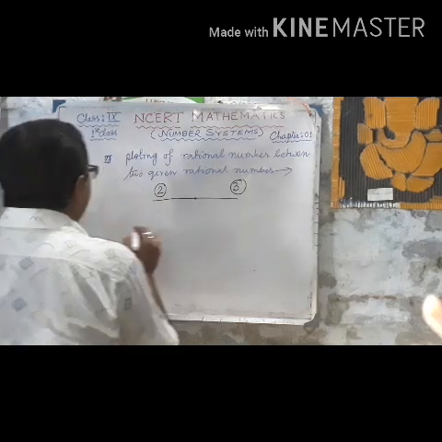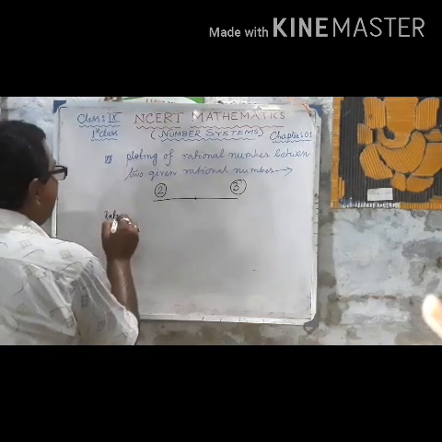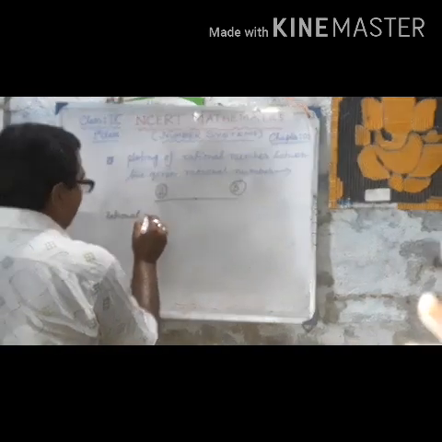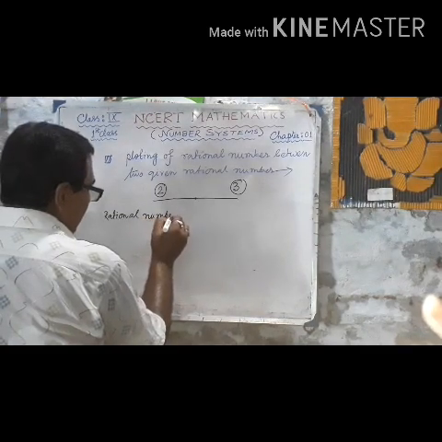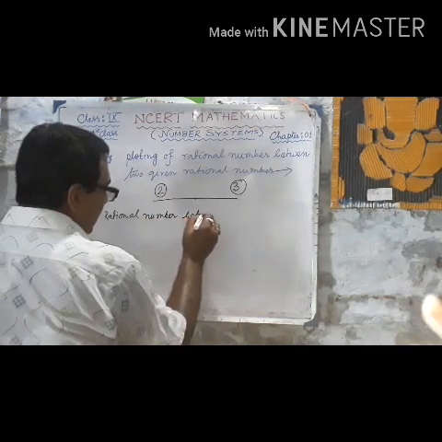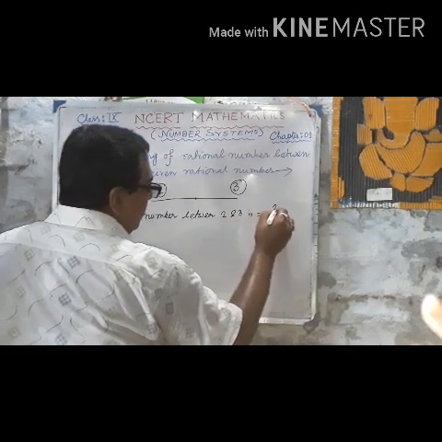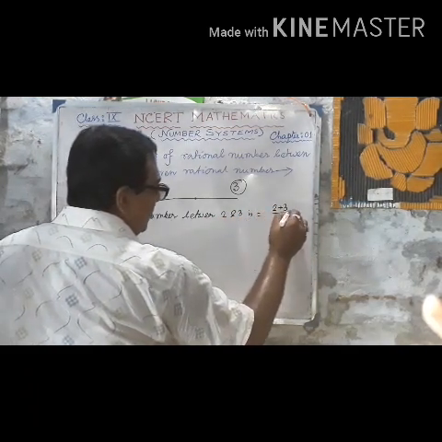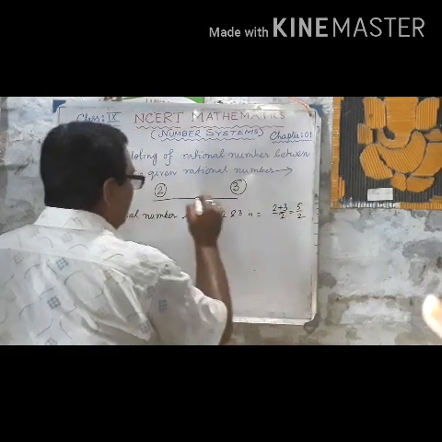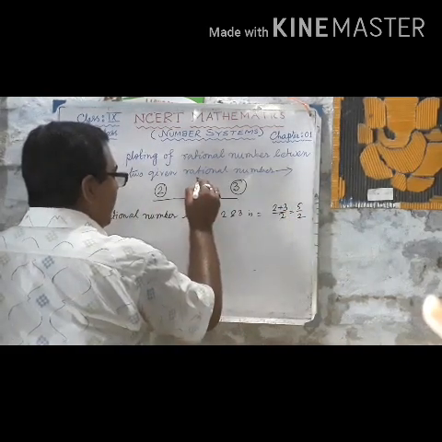At first, the rational number between 2 and 3 is 2 plus 3 by 2, that is 5 by 2.